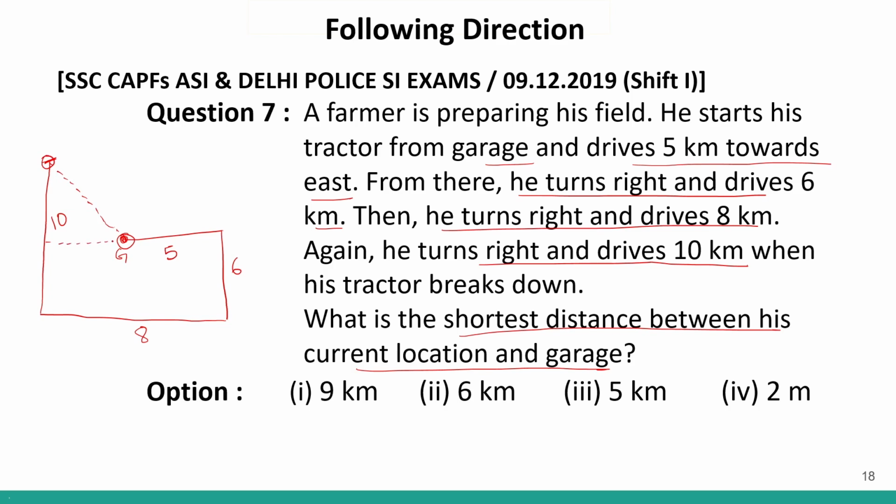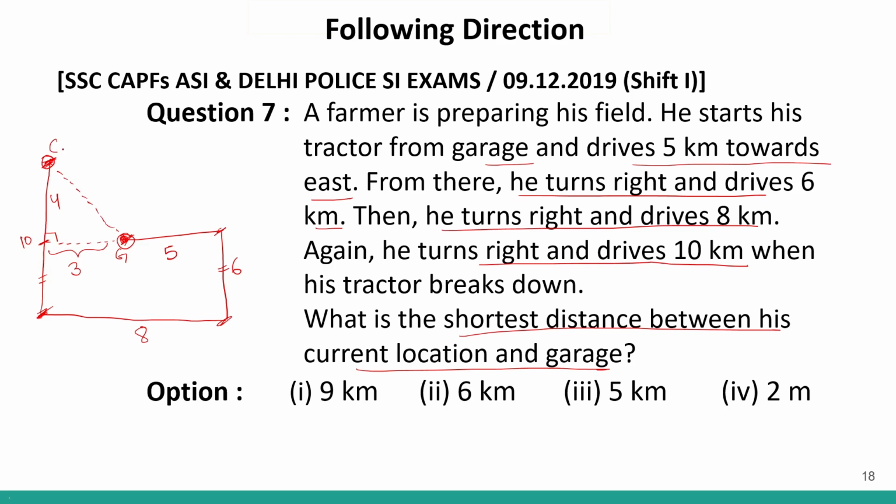Let me draw a line over here and we get a right angle triangle, correct? So if this is 8 and this is 5, that means this will be 8 minus 5, which will be 3. Similarly, if this is 10 and from here to here it is 6, because it will be equal to this direction, then this will be 10 minus 6, which is 4.